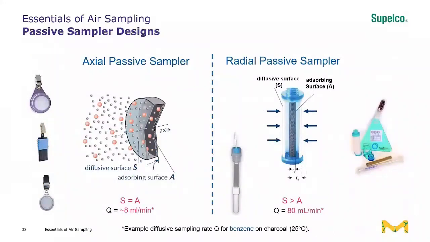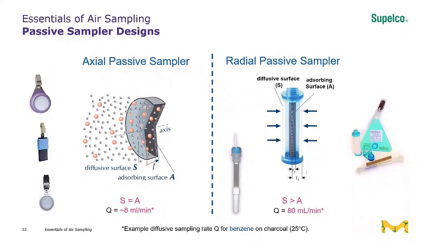On this slide, it's showing the differences between an axial or 2D type sampler versus a radial sampling device. And you can see on the left-hand side some devices you might have used or seen before. The difference is that with an axial sampler, the desorbing surface and adsorbing surface are minimal compared to a radial device.